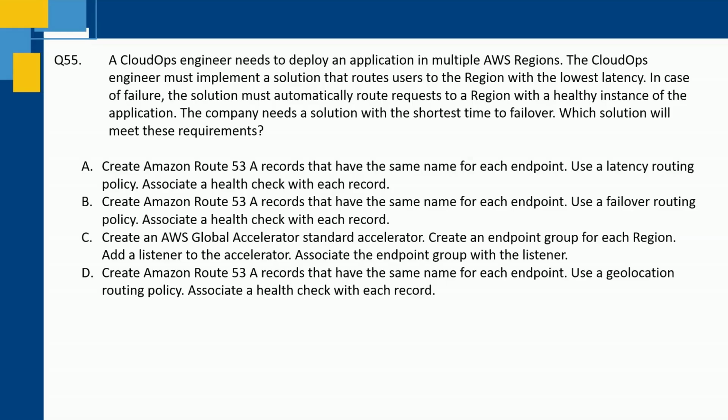Create an AWS Global Accelerator Standard Accelerator, create an endpoint group for each region, add a listener to the accelerator, and associate the endpoint group with the listener. Create Amazon Route 53 A records that have the same name for each endpoint, use a geolocation routing policy, associate a health check with each record.